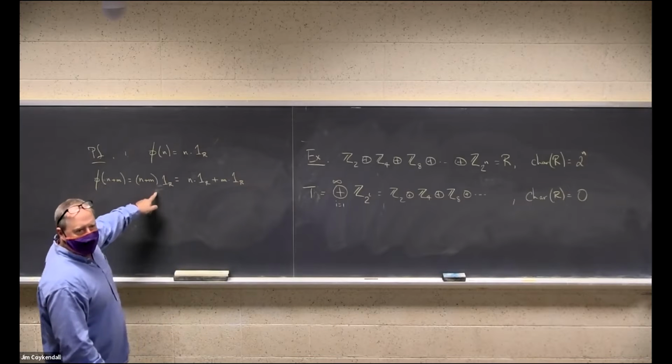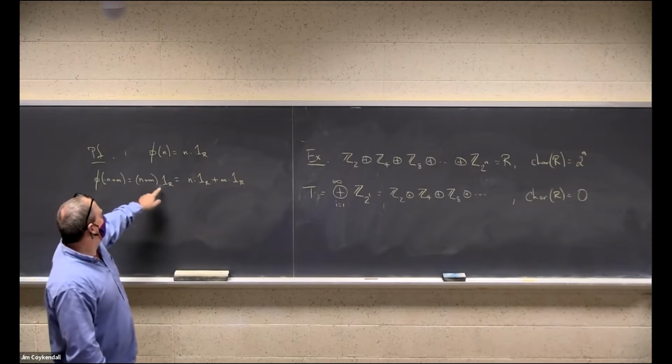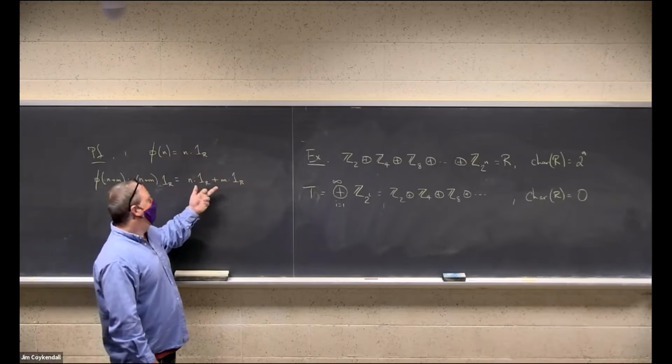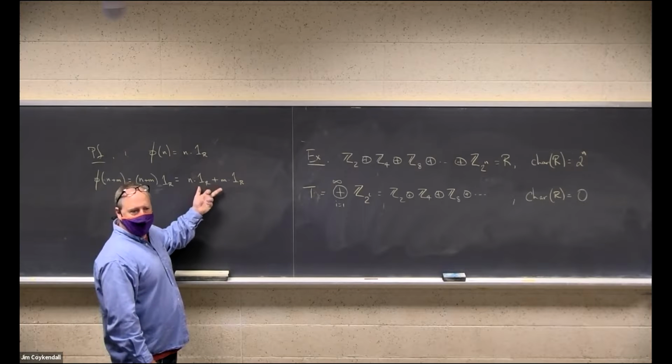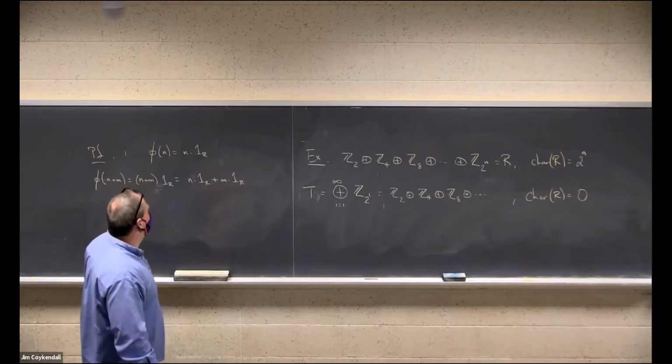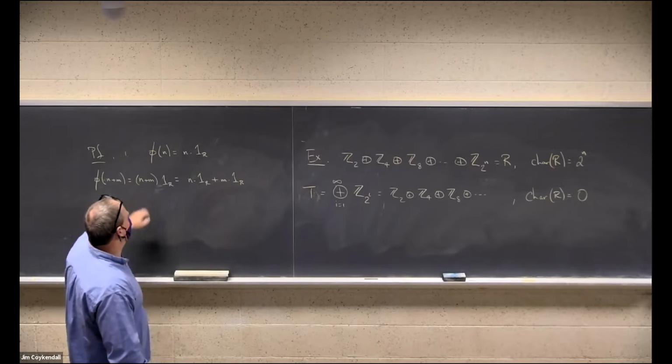This is pretty clear if they're both positive, right? n plus m copies of this. And if you go through the cases where they differ in sign, this actually follows from an earlier step that we did about properties of rings.